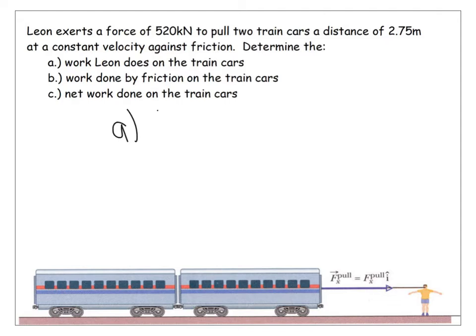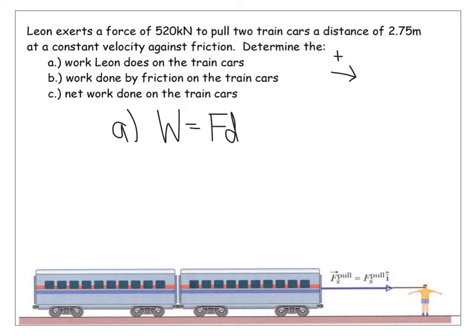So in its simplest form, work is a change in energy, or it's equal to a force times the distance. We'll say that anything to the right is positive because that's the direction that it's moving.